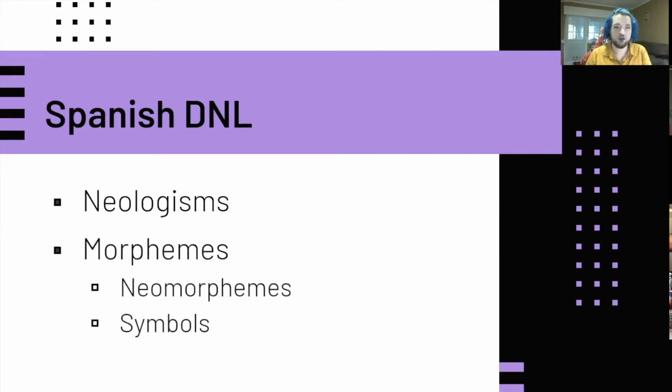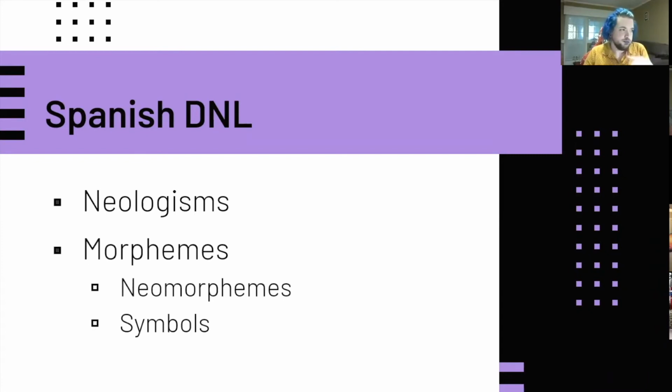But what I want to talk about today is direct non-binary language in Spanish, also in different Romance languages. I know that this happens in Galician, which is spoken where I am located, but Spanish is the one language that I research. And DNL in Spanish is mostly restricted to a few neologisms and mostly morpheme things.